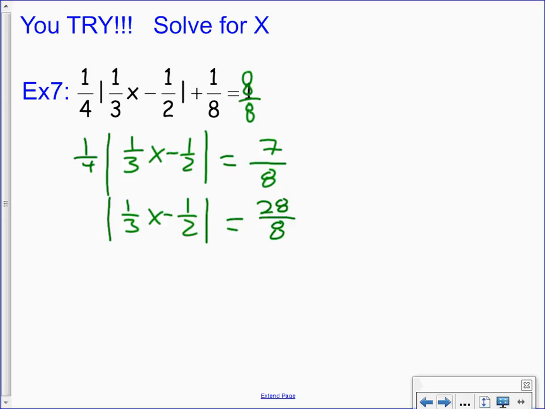Doesn't that reduce? Yes, it does. 7/2. So we can make it even simpler. 1/3 x minus 1/2 is equal to 7/2.